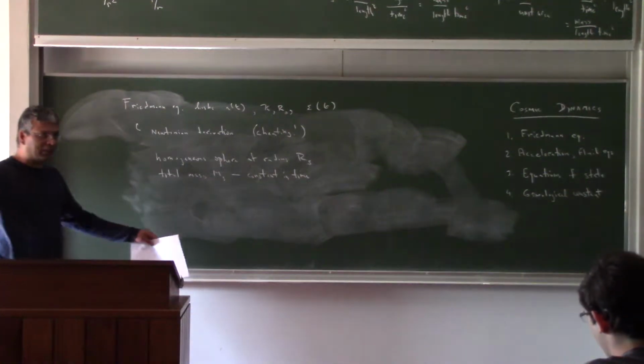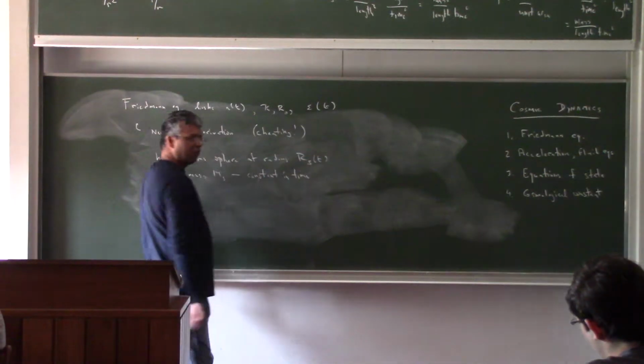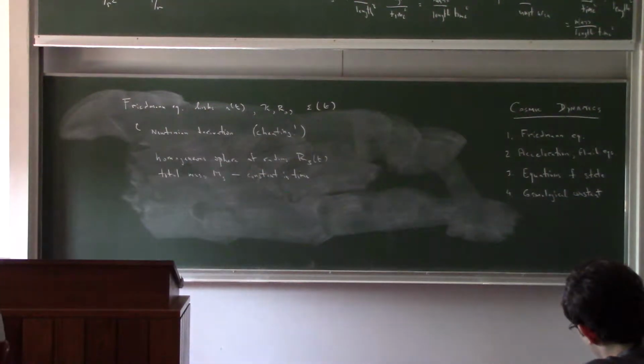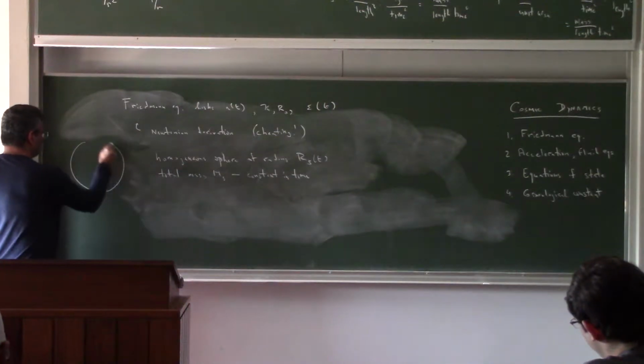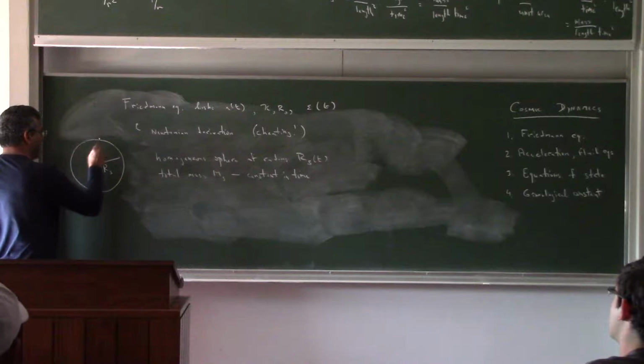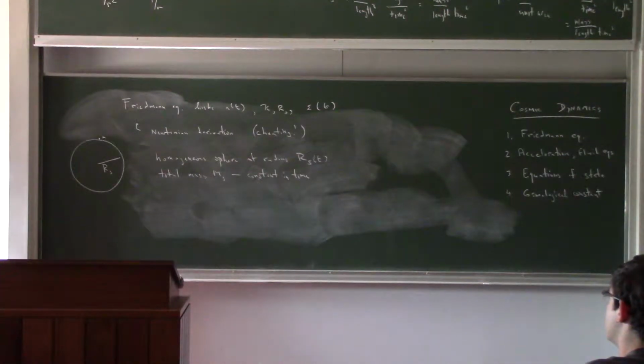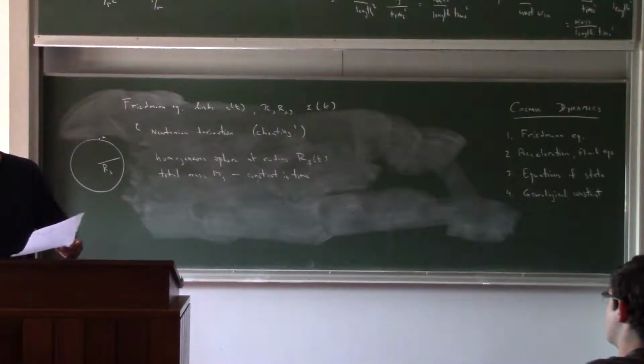Okay, so you've got some sphere of mass M s, and its radius can be a function of time. Okay, so we'll place a test mass. This is our sphere, radius R s. This is a test mass, little m, on the surface of the sphere. Okay, so that's our setup.